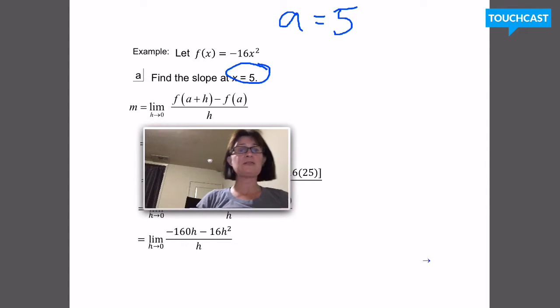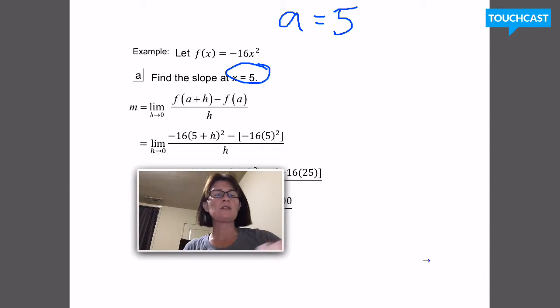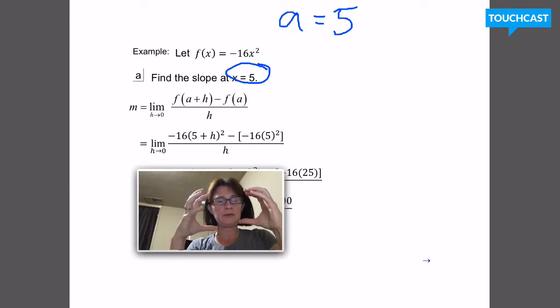So I've started with this definition. We're going to try our best to evaluate it. Try not to accidentally divide by 0. See if we can simplify it. Okay, so f of a plus h means we're going to take negative 16 and multiply it by a plus h squared.